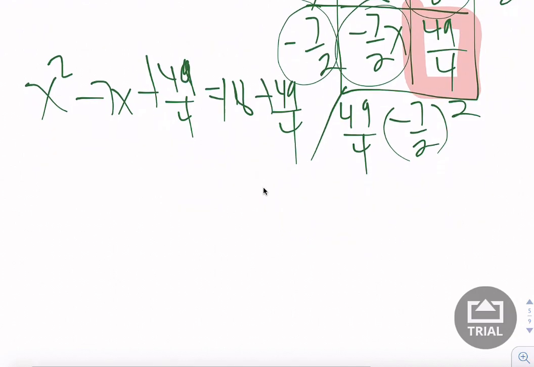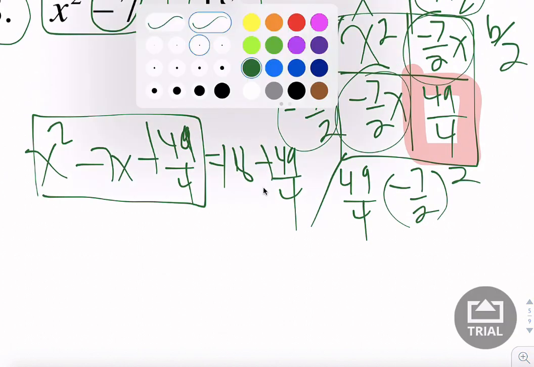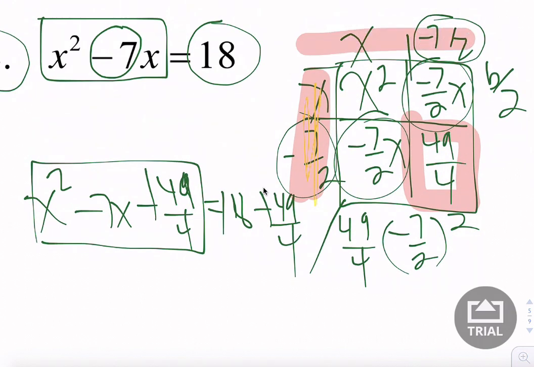Okay, so now in the next step, what I can do is write this as a perfect square, which is going to be x minus 7 over 2 times x minus 7 over 2.